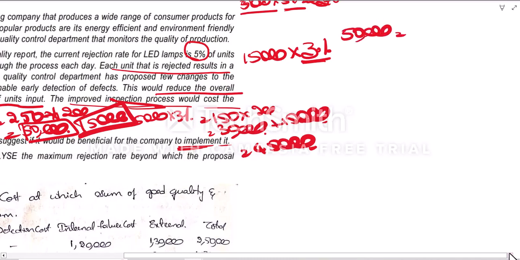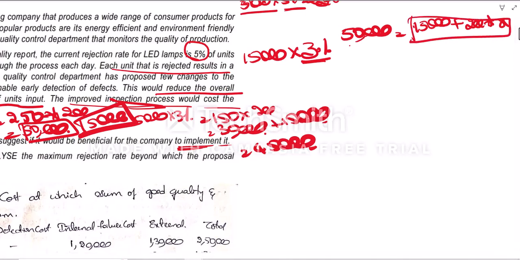How should we arrive at this maximum amount? 15,000 first for the improved inspection process, and daily we will incur 200 per unit. So we don't know the units, let it be x. This will be the cost, and it cannot be more than 50,000.